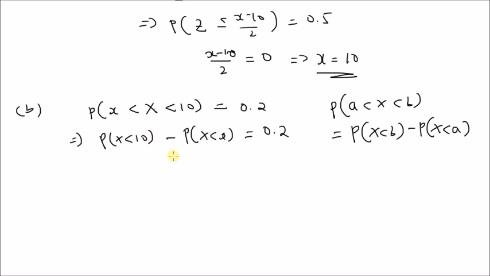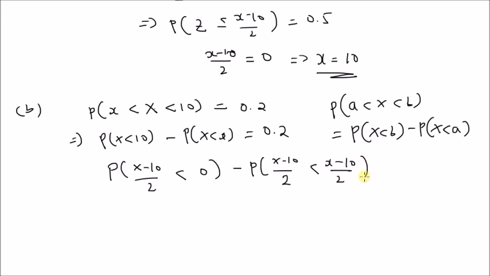Now again, by using the transformation to standard normal random variable, we have probability of (X minus 10) divided by 2 less than 0 minus probability of (X minus 10) divided by 2 less than (x minus 10) upon 2 is equal to 0.2.